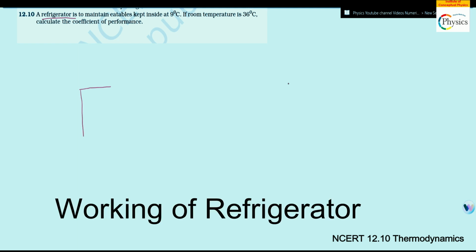this is your refrigerator. What you do is you work on this refrigerator. Work has to be done on the refrigerator. There is a low temperature reservoir in the refrigerator, so there is a low temperature TL.